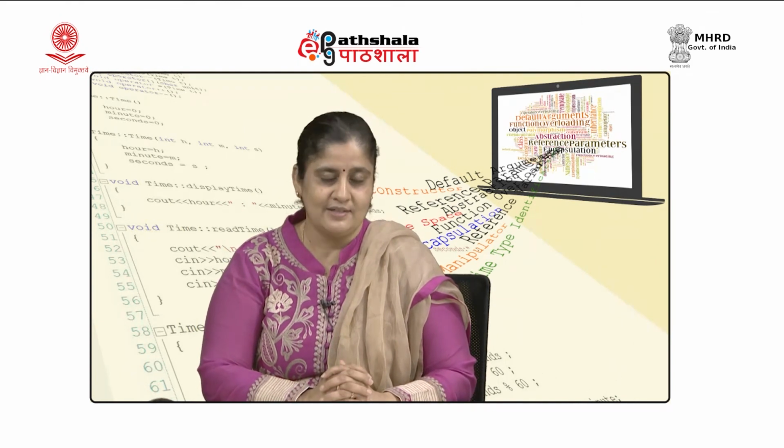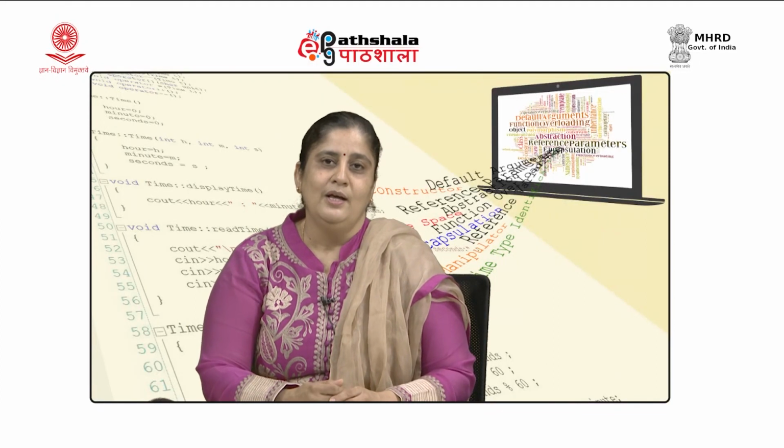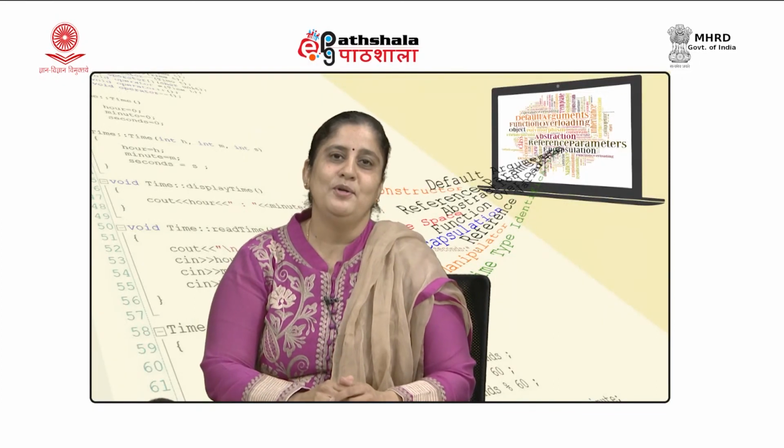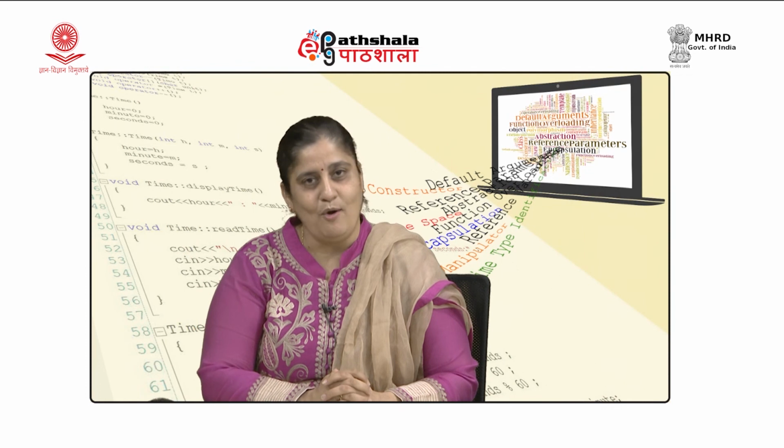Now, all these things again need some discussion, and we need the help of some examples to understand them better, and we are going to do that in the next module. So, be there in the next module, so that we can understand more about classes and objects.